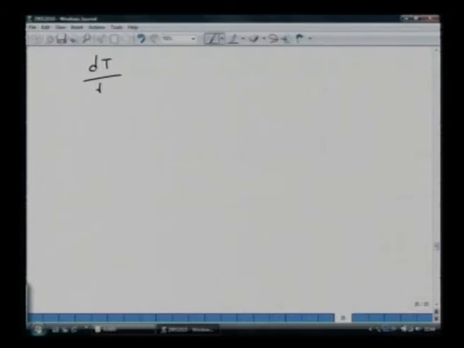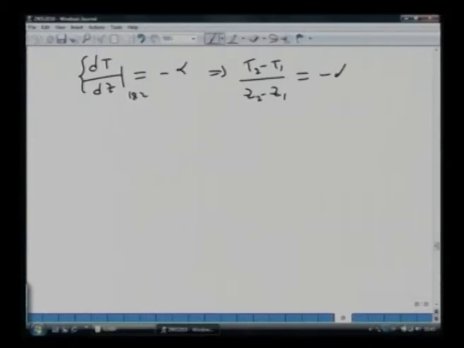So, let me take the lapse rate equation, which is dT over dz is equal to minus alpha. What is dT over dz? If you write it between 1 and 2, it will be T2 minus T1 over Z2 minus Z1. From your basic knowledge of calculus, you will have negative alpha. So, what does that give you in terms of T2?